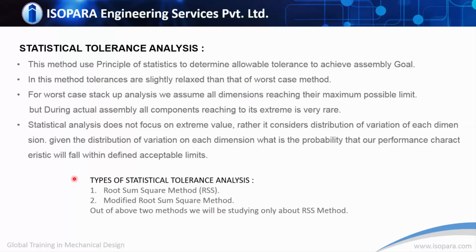Under statistical analysis, there are various methods, but we will mention here two methods. One is the root sum square method and another one is the modified root sum square method. Here in this course, we will focus on the root sum square method only because it is the most widely used statistical tolerance analysis method.